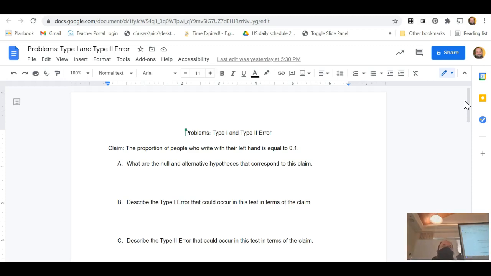Now, if the side effect is something like blindness, death, ongoing brain deterioration, I'd probably want a much lower alpha on a side effect like that.